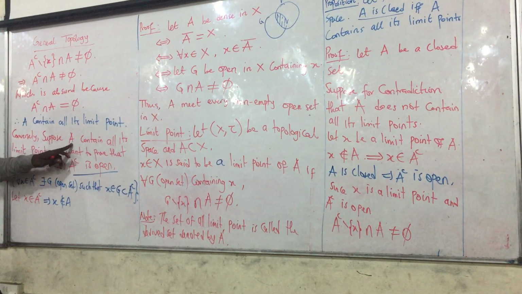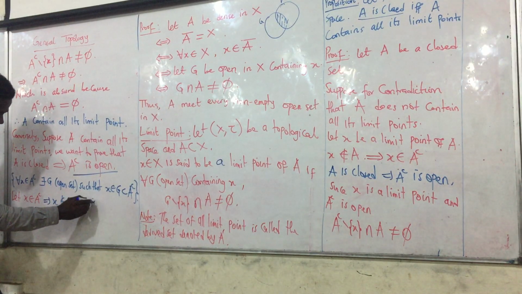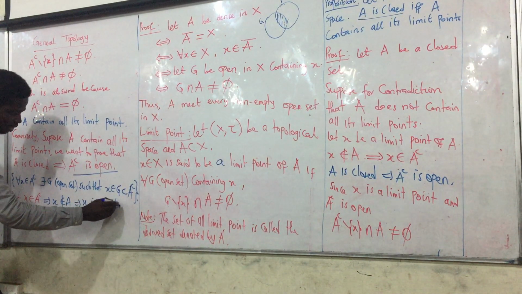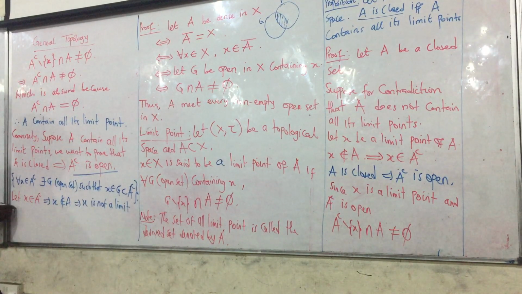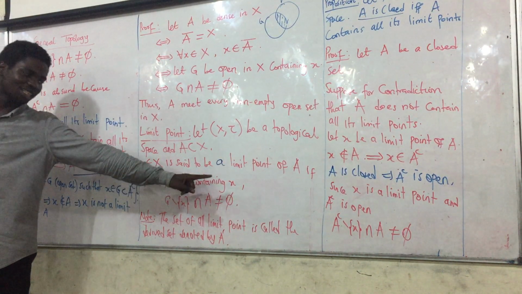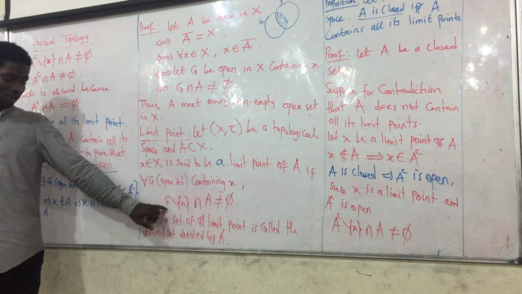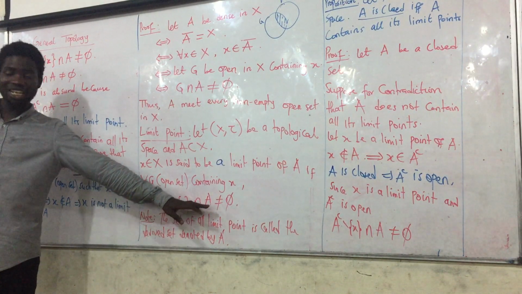A contains all its limit points, but S is not in A. That means S is not a limit point of A. From the definition of a limit point, for every open set containing X, if you take G excluding X, the intersection with A is what?